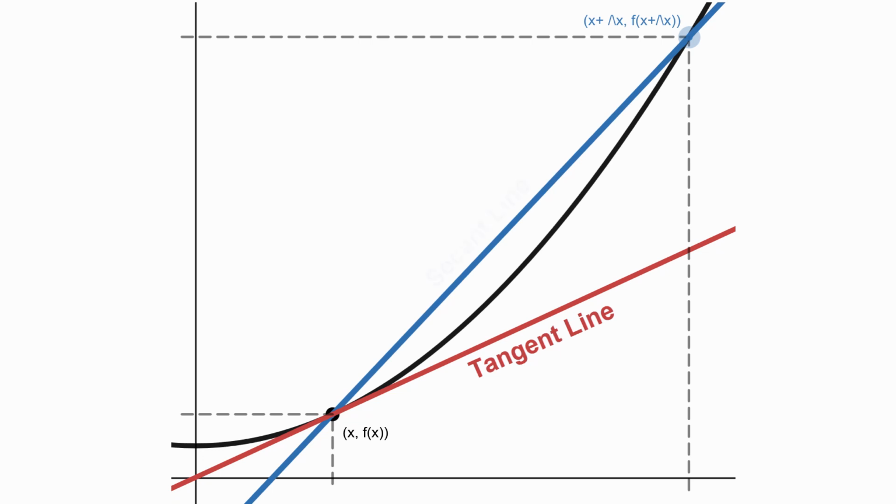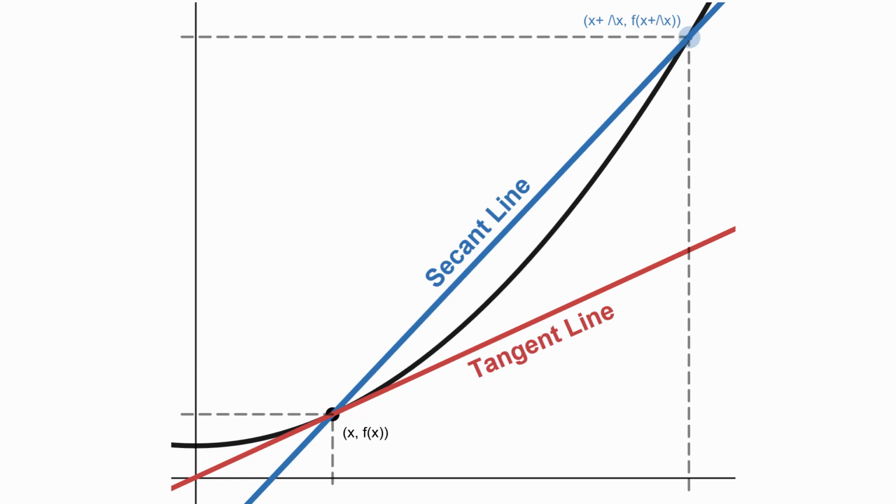And then we have the secant line in blue, which goes through the point (x, f of x) and (x plus delta x, f of x plus delta x). Now this program didn't have a delta symbol, so I'm using this for delta x here and here.